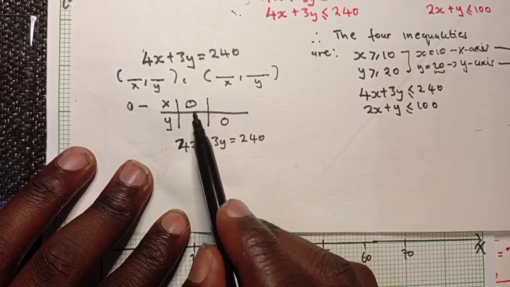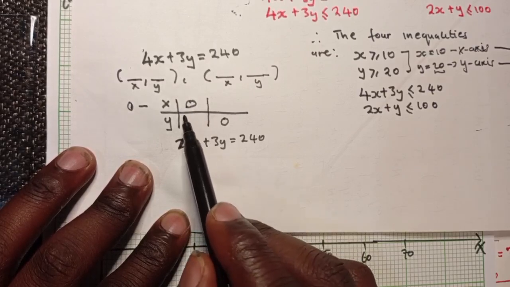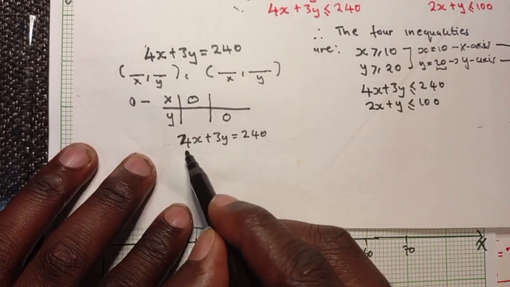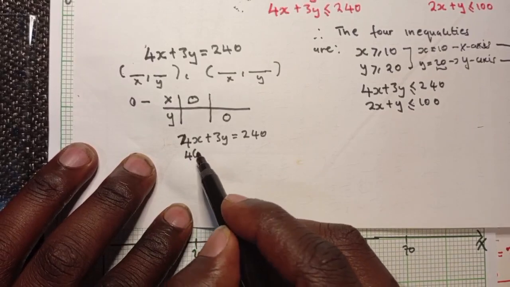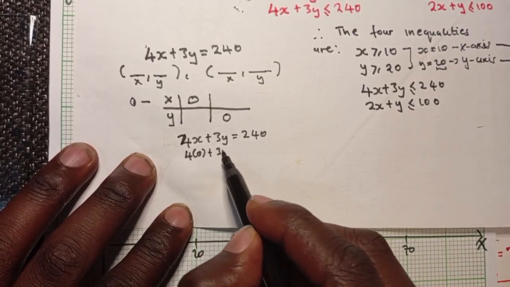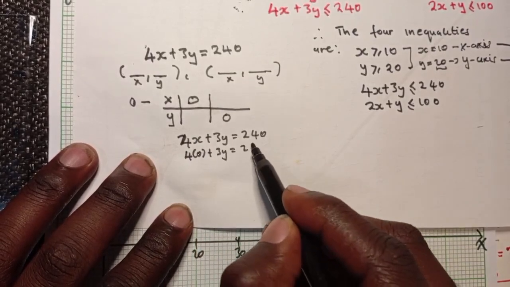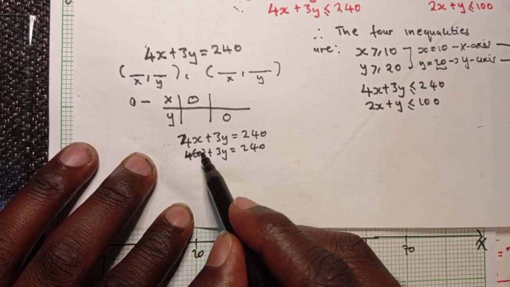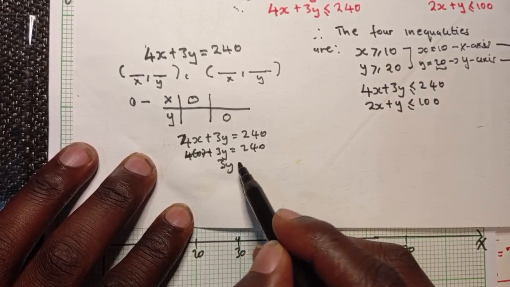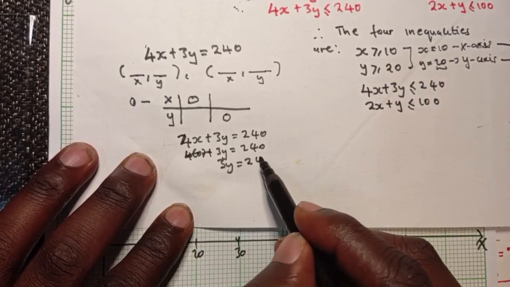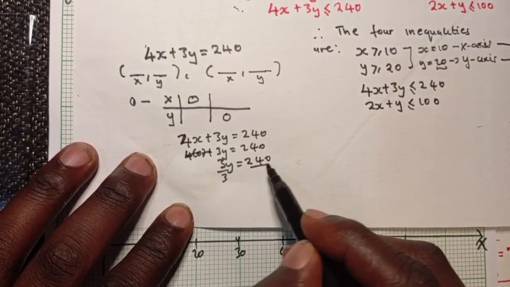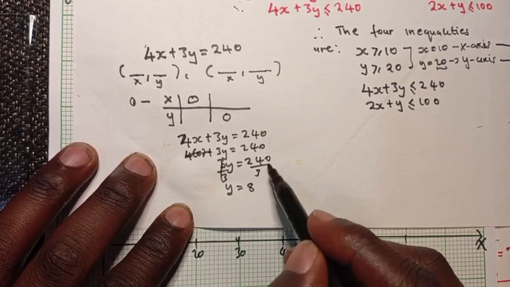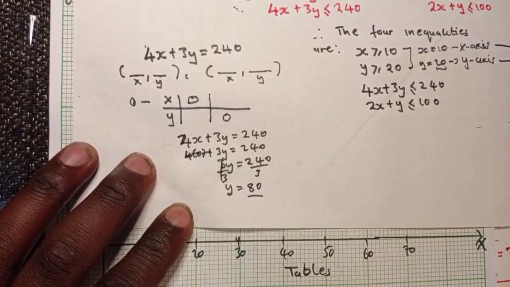So in this first, we're finding the missing number y here. But for x, since we've said we put 0, we're going to say 4 in brackets 0 plus 3y is equal to 240. This will give us 0, so we cancel it. So you have 3y is equal to 240, divide by 3 over 3. y is equal to what? 80. Okay, 80.